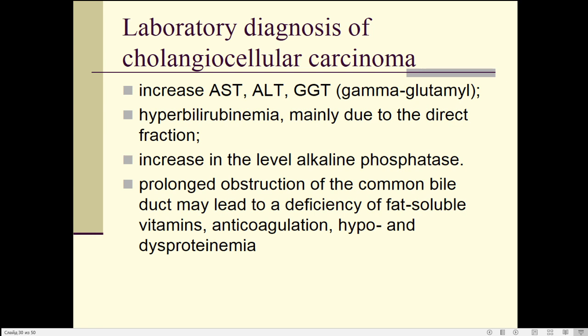If due to the indirect fraction, it is not mechanical jaundice; it usually means infection. Increase in the level of alkaline phosphatase. Prolonged obstruction of the common bile duct may lead to deficiency of fat soluble vitamins, anticoagulation, hypo and dysproteinemia.